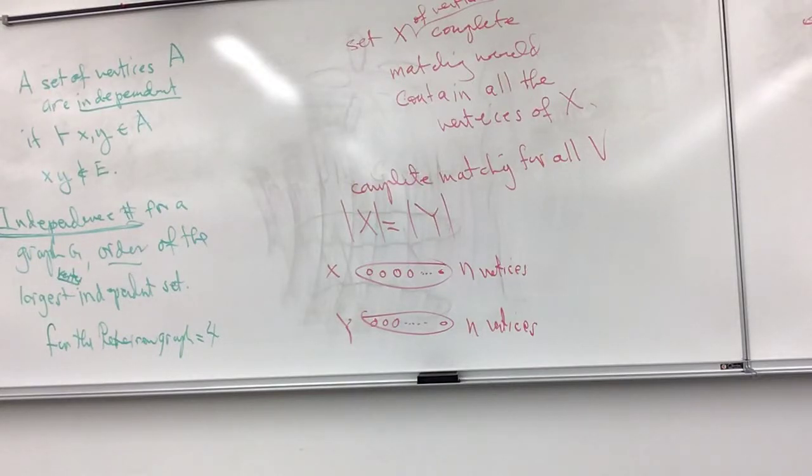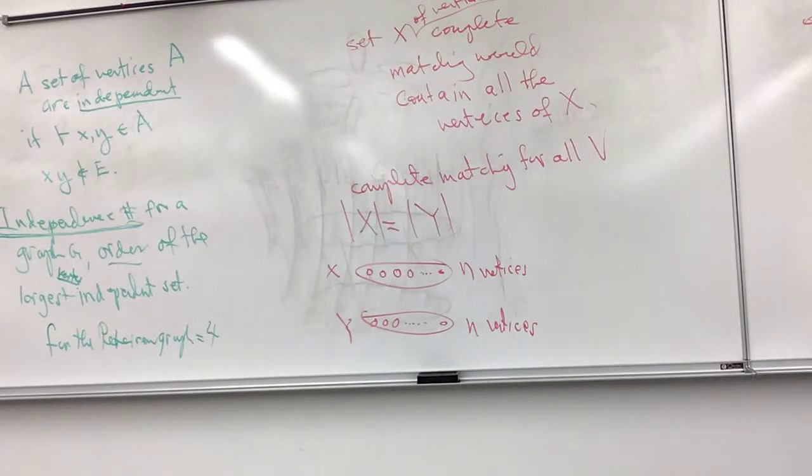Is there a tree on 6 vertices, where the bipartition is 3 and 3, but there's no complete matching? There's always a matching of some size.